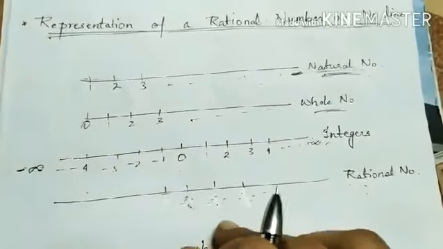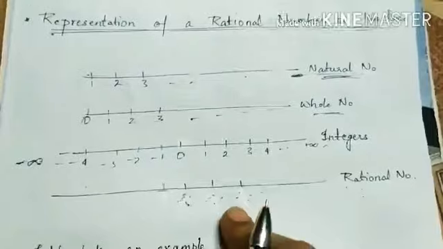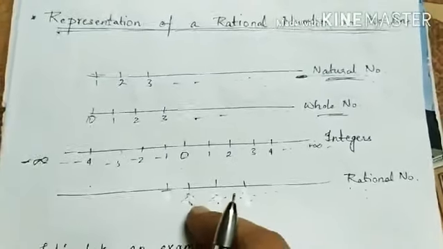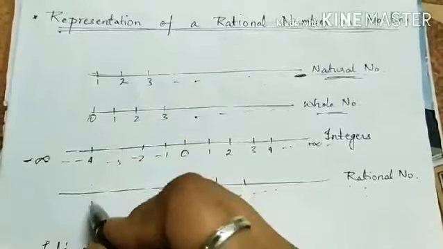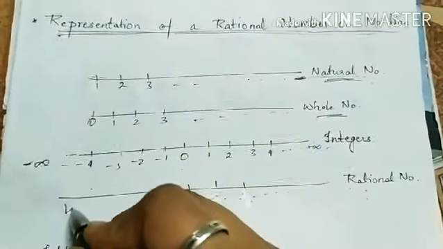Now today what we are going to see is the rational number on number line. What is a rational number? Any number that is in the form of p by q, like 4 by 9, numerator upon denominator, where the denominator is not equal to 0. So let's take an example now. Suppose this is our rational number. How are we going to represent it on the number line?